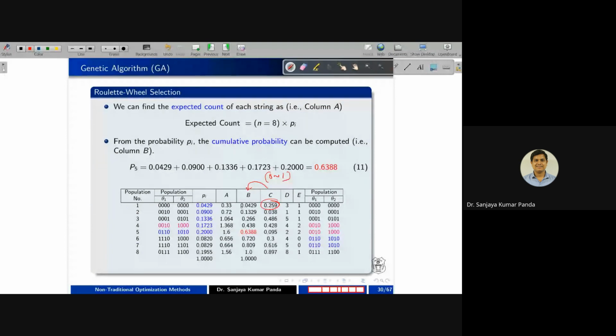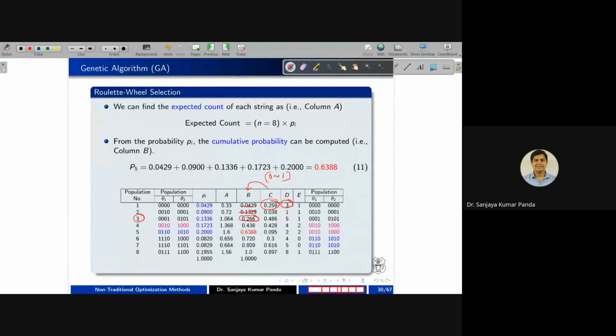Is 0.259 less than 0.0429? No, 0.259 is more than 0.0429. Similarly, 0.259 is also more than 0.1329. It is more than this one, but less than 0.266. That's why we found that the range is population number 3, and that's why I have written the value 3 here.